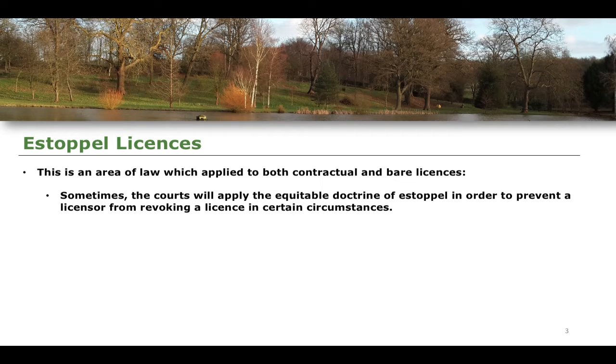What promissory estoppel essentially tells us is that if you have a contractual arrangement which has as part of it some kind of promise, and the other party to your contract acts on the promise, in a circumstance understanding that the promise exists, and then you try to revoke that promise, leaving the other party worse off, the court will apply the equitable doctrine of estoppel to prevent you from doing such a thing, to protect the rights of those who have acted on the promise that you have made. Similar things happen when it comes to estoppel licenses.